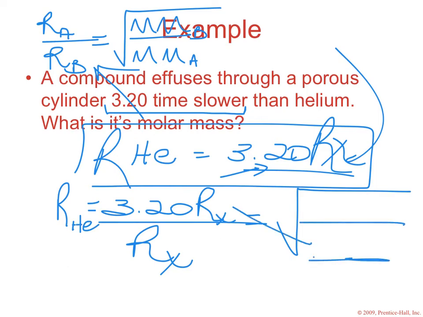They've got to be diagonal from each other, and the molar mass of helium is 4. We're trying to solve for the molar mass of this unknown compound X. So let me rewrite what we have so far.